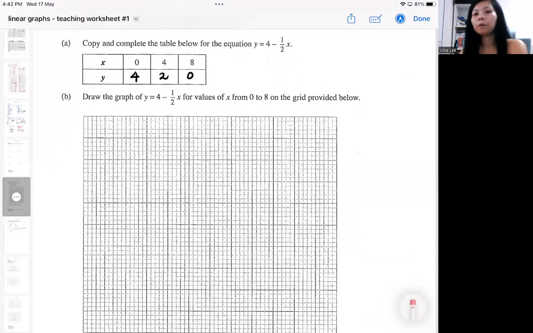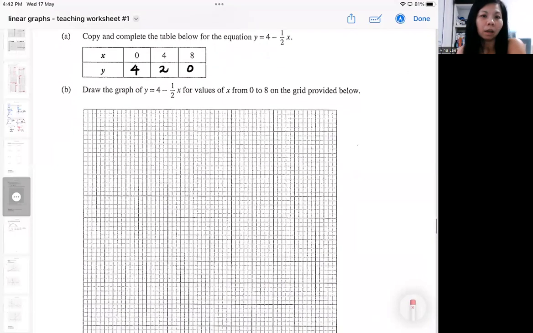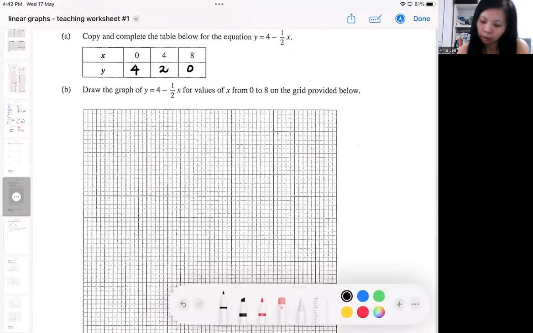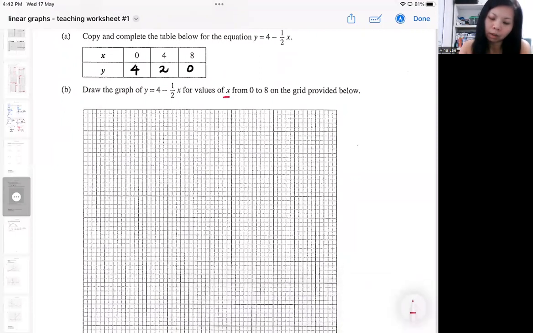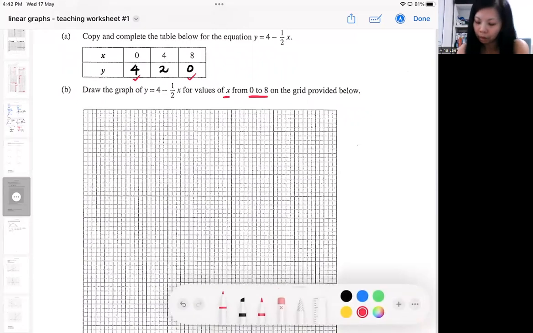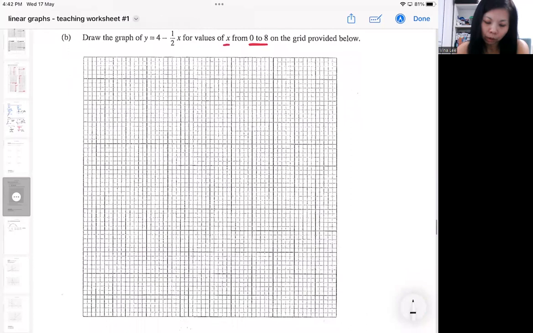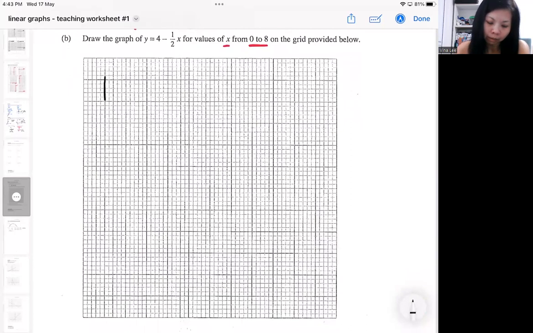Okay, so after you fill up the table, you make sure you plan your x-axis and your y-axis so that you have enough. So in this question, the question already says to make sure your x is sufficient from 0 to 8, and your y is sufficient from 0 to 4. So you must make sure you got the correct scale so that you got enough.